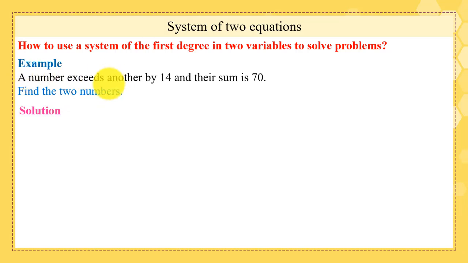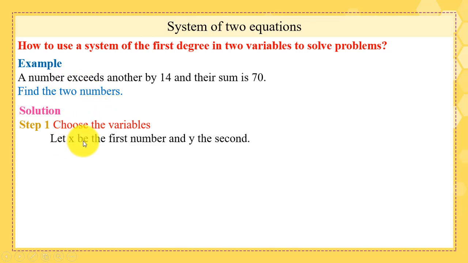To solve this problem, we must follow the following steps. Step 1. Choose the variables. Since here we have to find two numbers, we have two unknowns. For example, let x be the first number and y the second.